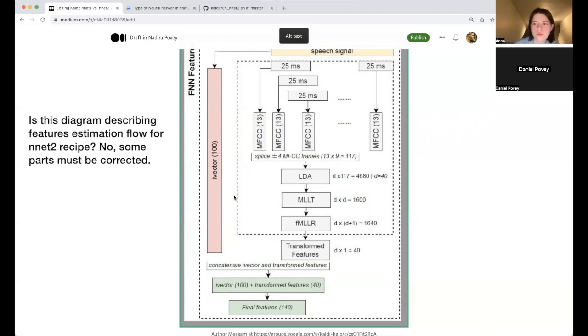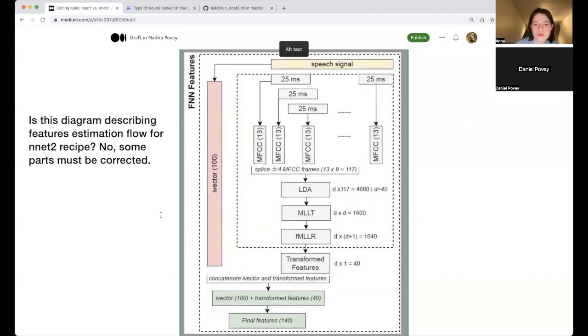Previously, when we used Gaussian mixture models, it was more important to decorrelate everything. So that's why we used to do the LDA, MLLT, fMLLR. Now, those parts of this diagram are only used in the really old-fashioned Gaussian mixture model systems, and we don't use them for neural nets in the nnet2 or nnet3 recipes.